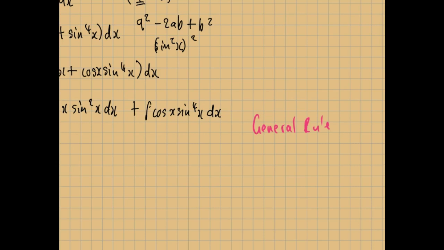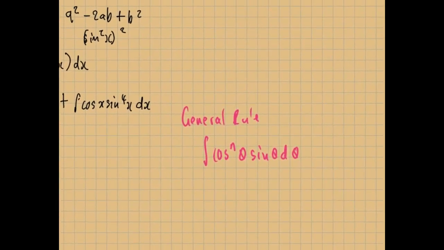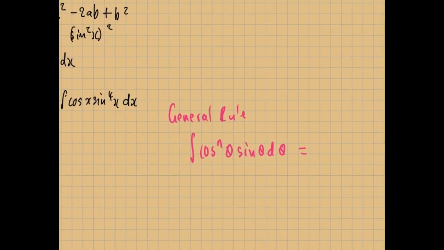First, if I have the integral of cos to the power of n theta multiplying sine theta, with respect to theta, so in other words only cos is raised to a power and sine is just sine theta, and I integrate, you know that the integral of sine is negative cos.